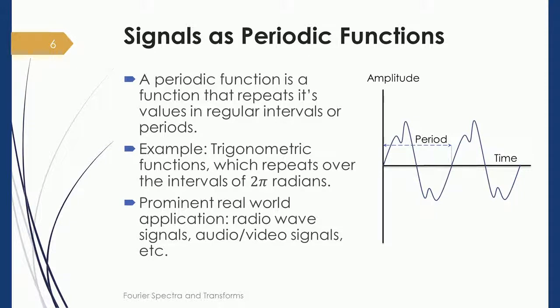In addition to these standard periodic functions, a lot of real world signals, radio wave signals and so on, are also periodic in nature. And in fact, these periodic functions are really what drives the area of digital signal processing, and a lot of the applications in digital signal processing would require a careful interpretation of signals as periodic functions.